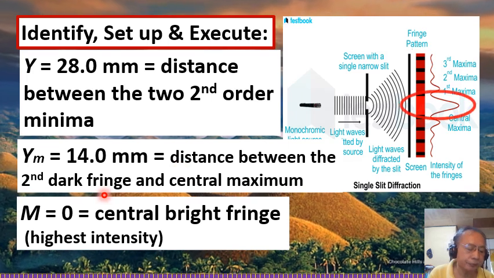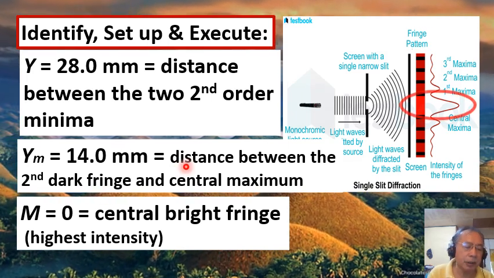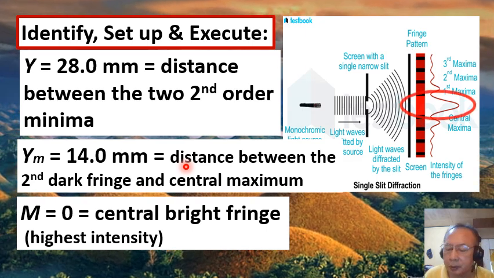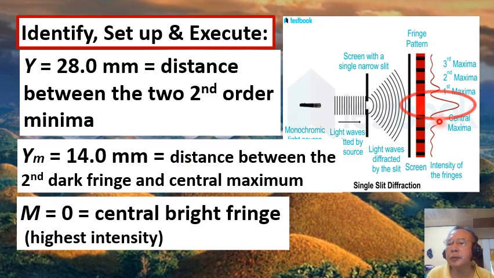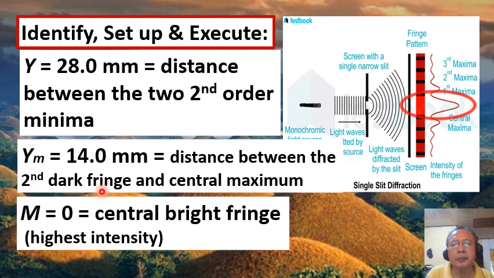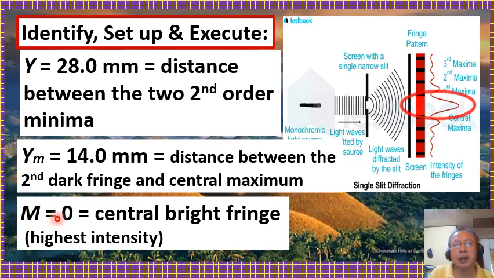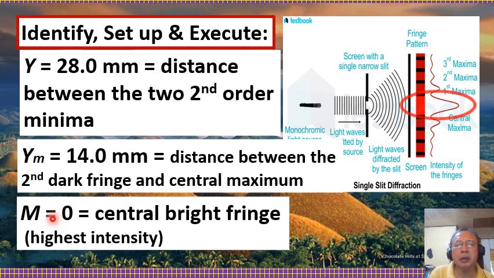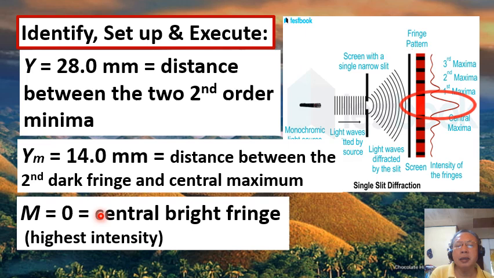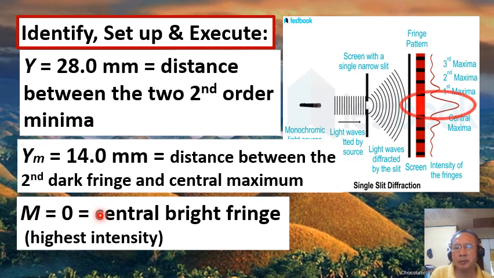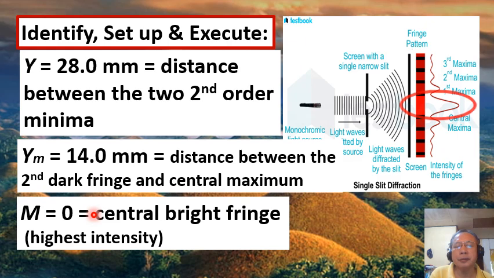Right? Take note, the central bright fringe is denoted here by capital M. Although this is considered as being equal to 0, it doesn't mean that when you say central bright fringe, this is a dark fringe.